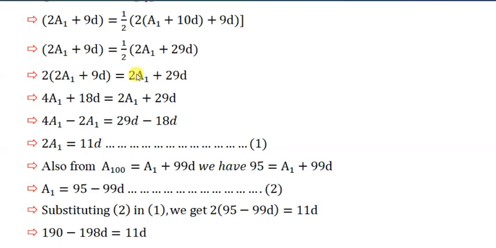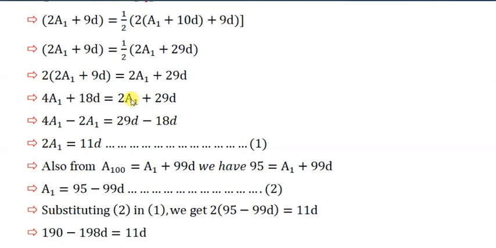And then collect the terms that contain a1 on one side, and the terms that contain d on the right side, for convenience of the calculation.